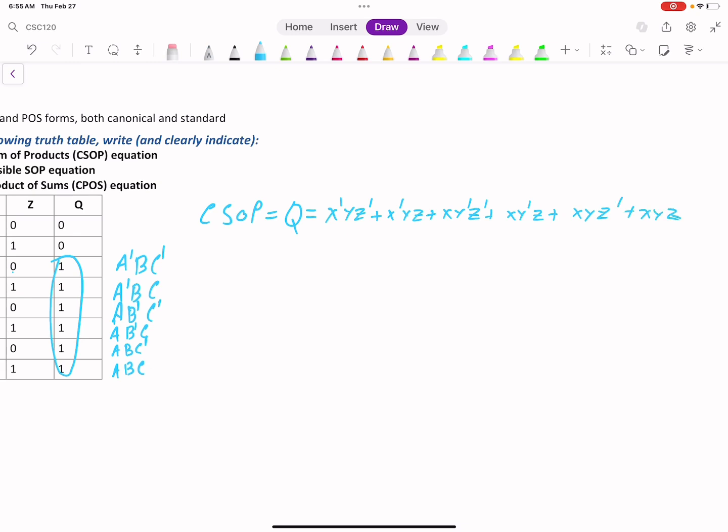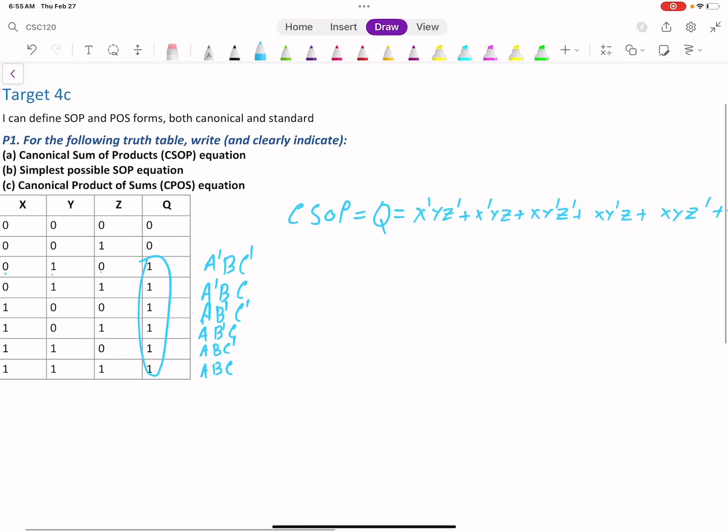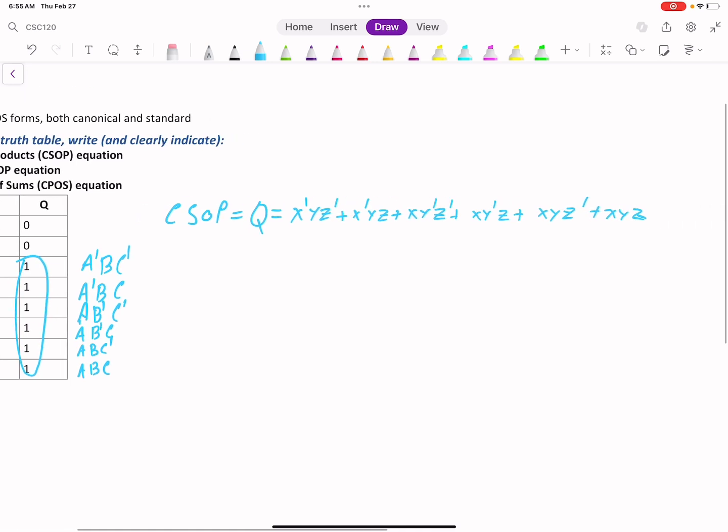Once we have all of these, we want to identify patterns and group them together so that we can factor and simplify it into a SOP. I'm going to start by grouping them into three groups.